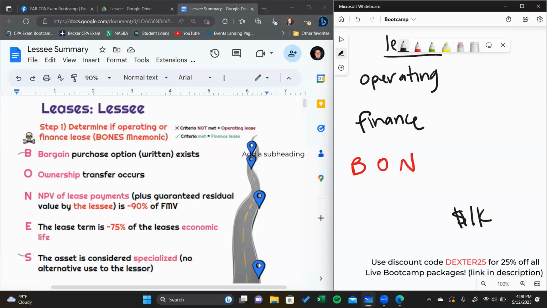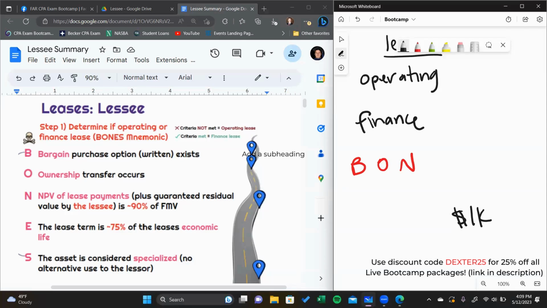Guaranteed residual value essentially means you are guaranteeing that the value of the asset will be $1,000 at the end of the lease. In other words, if you ding up the forklift and you use it a ton and the value's less than $1,000, you have to pay the difference. Essentially, you're guaranteeing that the value they'll get back is $1,000.